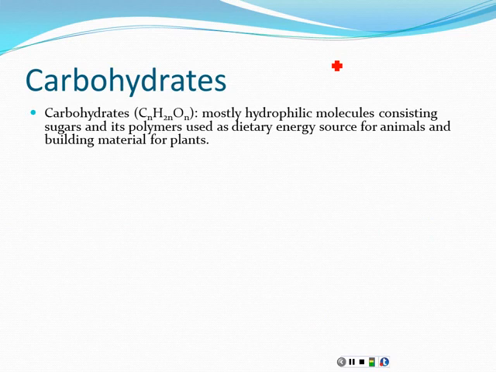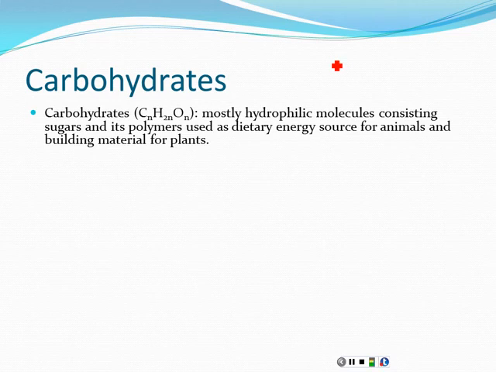Glucose, yes. Glucose has C6H12O6. Okay, so this n is just showing you how many of these atoms are within that molecule, and the simplest one is 6. So C6H12O6 is the simplest form of a carbohydrate.